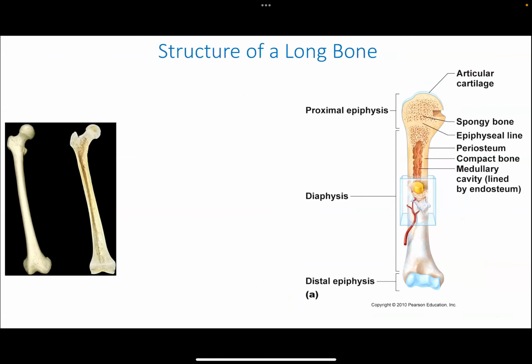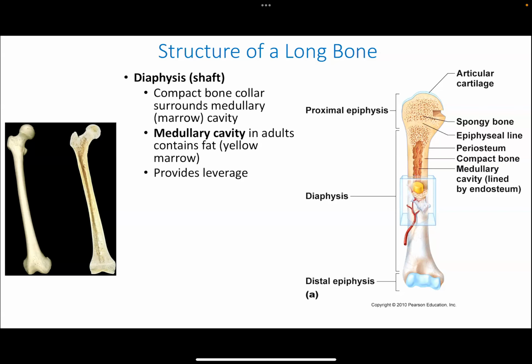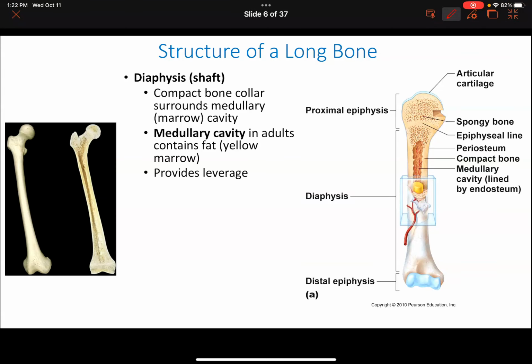In a long bone, there are also other names that you need to be familiar with that represent the anatomy. The long part, or the middle region, or what we call the shaft, is formally known as the diaphysis. This has that compact bone shell surrounding a medullary cavity.